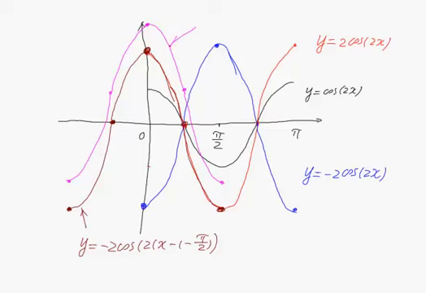Then this is the graph of y equals negative 2 times cosine of 2 times x minus negative half pi, and then plus 1. Then finally we get the graph of this function for one fundamental cycle.